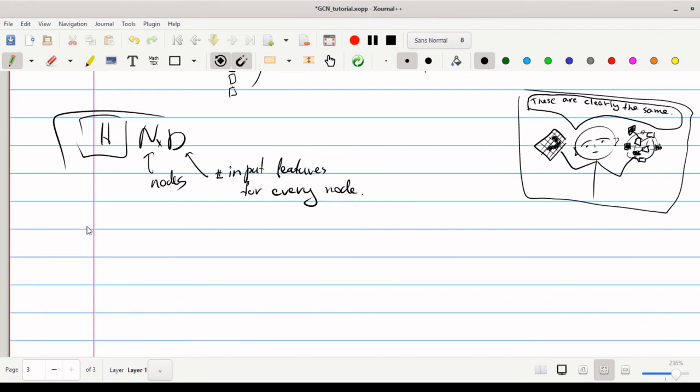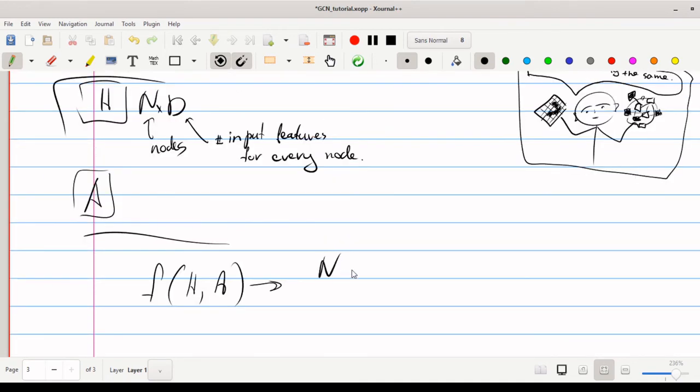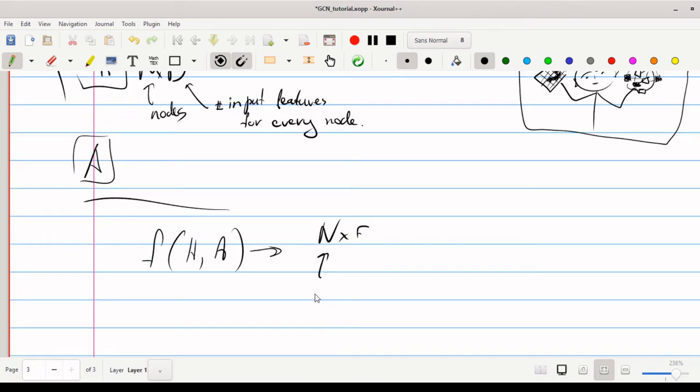Then on top of that, we have the adjacency matrix A. And we want to compute some function of H and A that would give us a new graph, essentially a new matrix of the size n times f, where n is still the number of nodes, and f this time is the number of output features.